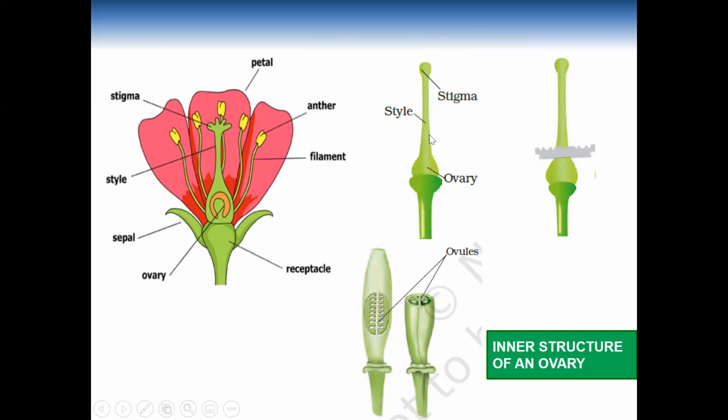This tube-like structure is known as style, and this swollen part of the pistil is known as ovary, which contains ovules. So if you cut this part of a flower, which is known as ovary, you will be able to observe small bead-like structures. These small bead-like structures are known as ovules.